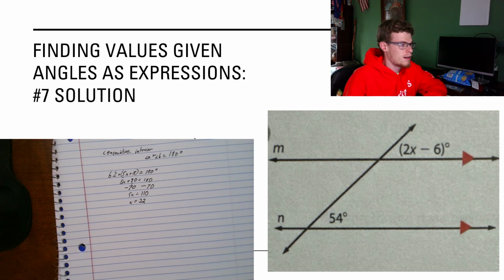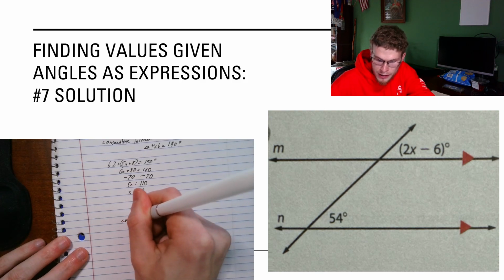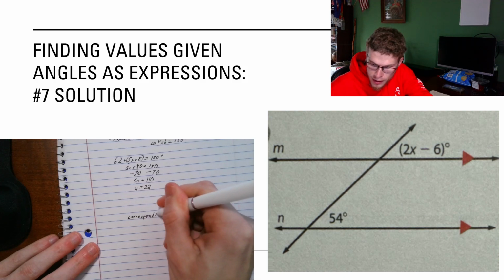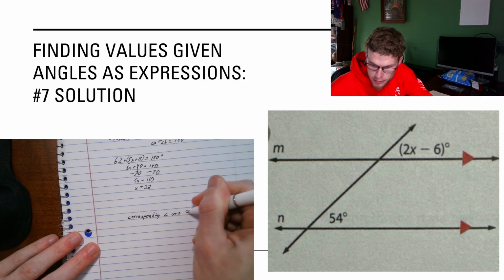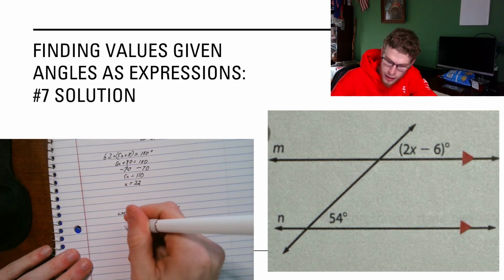Now this one is a similar setup, but again, notice the relationship between the two angles. 2x minus 6 and 54 are corresponding angles. If you remember correctly, corresponding angles are congruent. Since that's the case, we can use that to solve these problems.